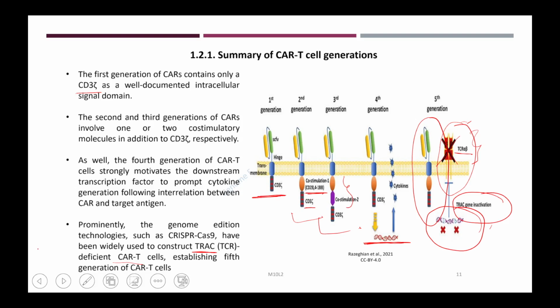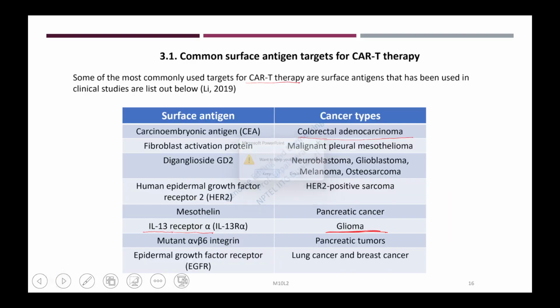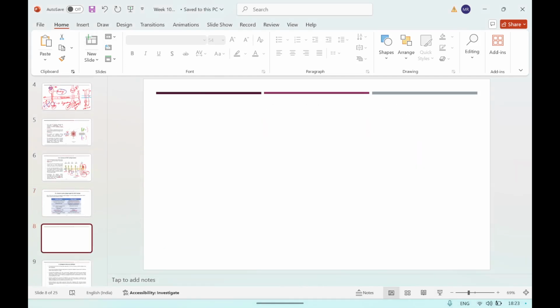Before talking about that, certain limitations: how does this CAR T cell therapy work? If a patient is diagnosed with cancer, what are the procedures to treat him with CAR T cell therapy?